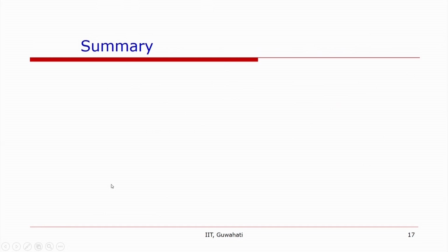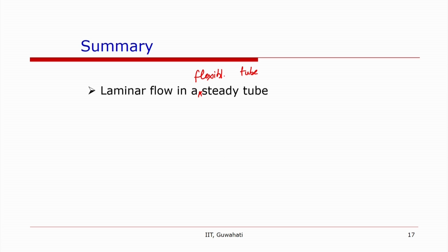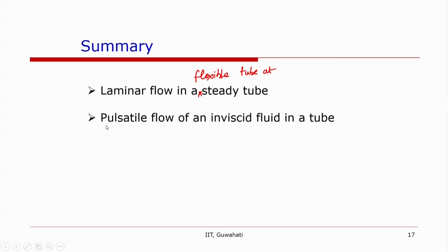Okay, and so let us summarize what we have seen today: laminar flow in a flexible tube at steady state, and pulsatile flow of an inviscid fluid in, again, a flexible tube.